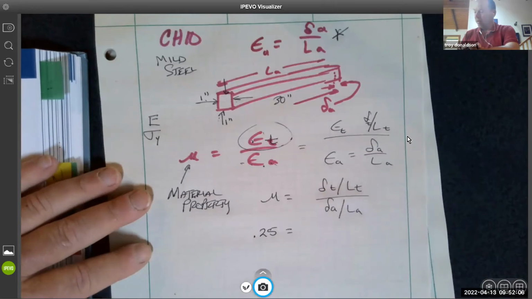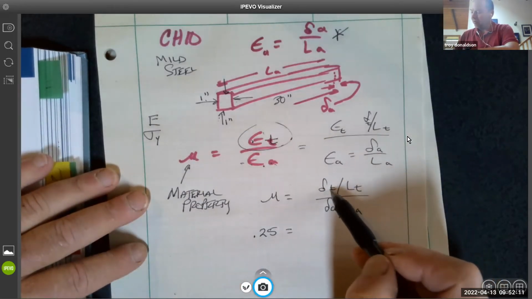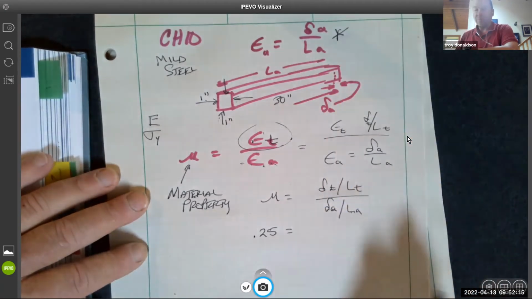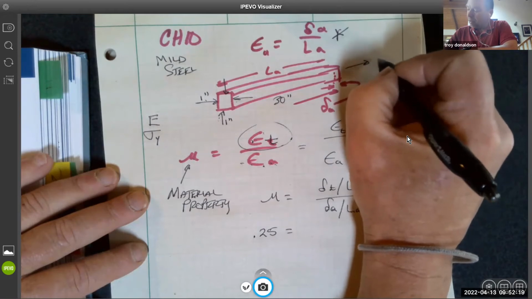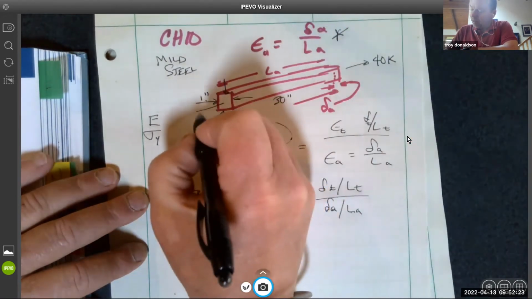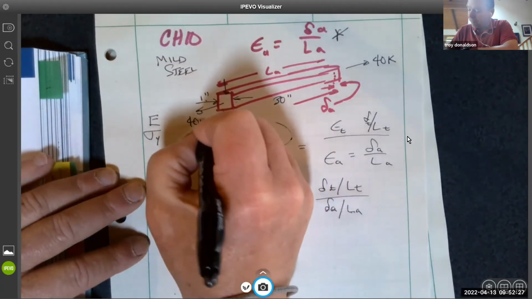goes here. We don't know the transverse change. I haven't calculated the elongation, but I can do that as long as I put a load on it. So I'm going to put 40 kips. So hopefully that doesn't put us outside the yield, but we'll have to see.